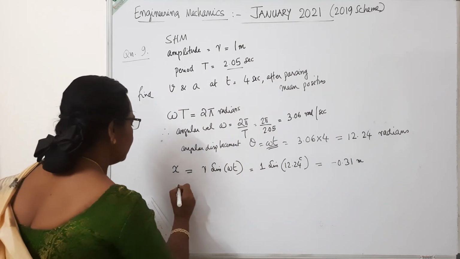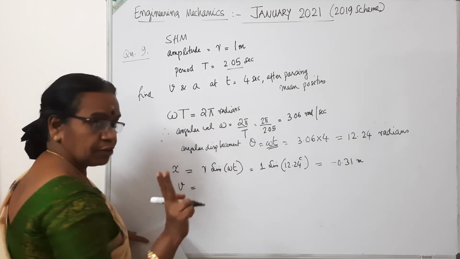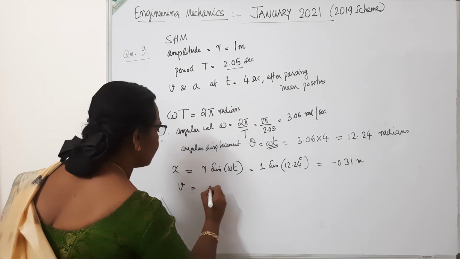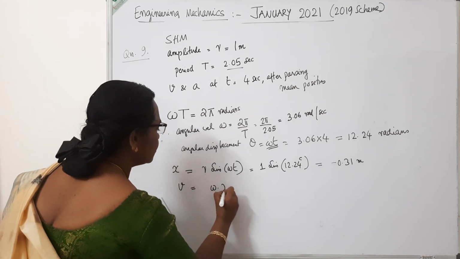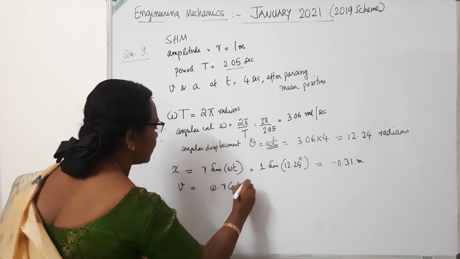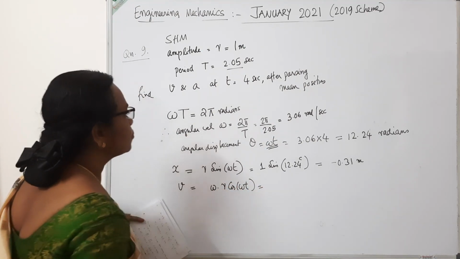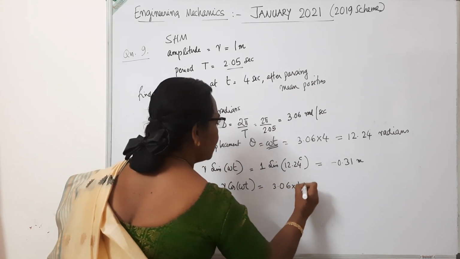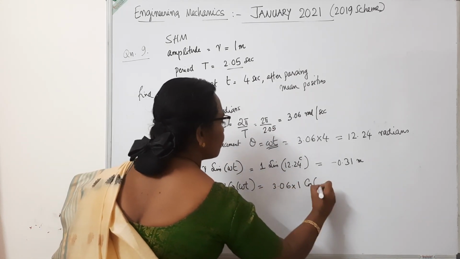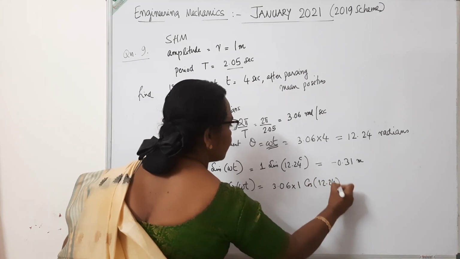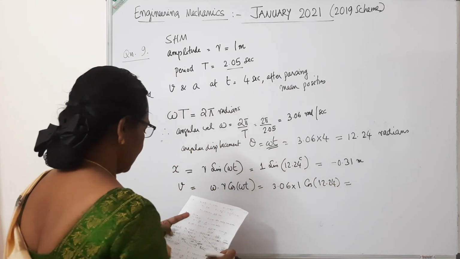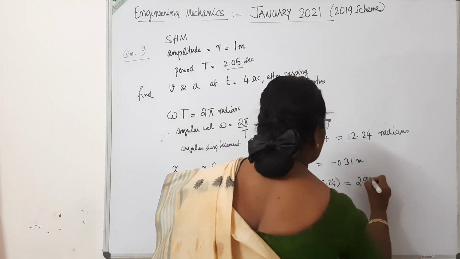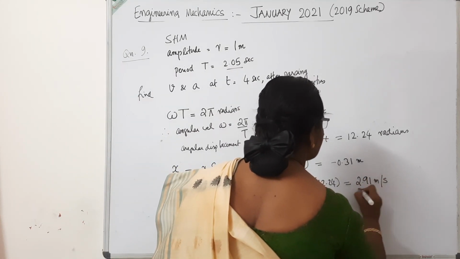Then velocity v you can find in two different ways. Since x is equal to r sin omega t, v is equal to omega r cos omega t. So omega 3.06 into r cos omega t, with omega t 12.24, gives the answer 2.91 meter per second.